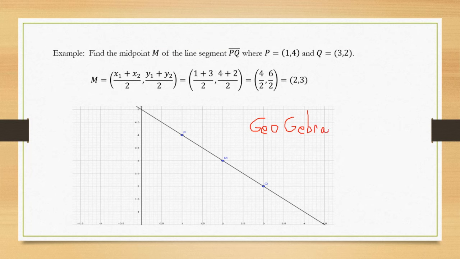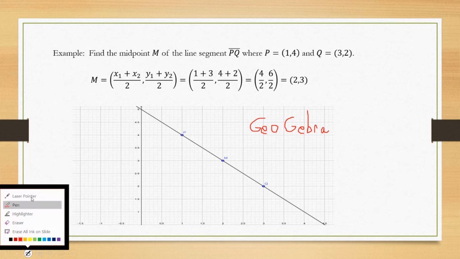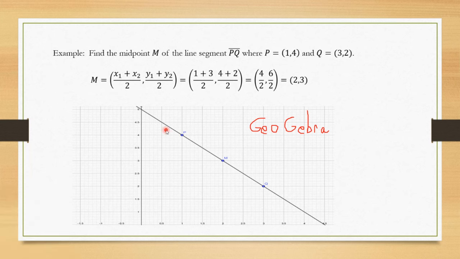Anyway, it is something you can download for free. You don't have to, but it's just what I'm using. But anyway, M you can see is on the line connecting P and Q together. I know I drew more of the line, but really all we care about is the line segment from P to Q. Okay, so we have that.